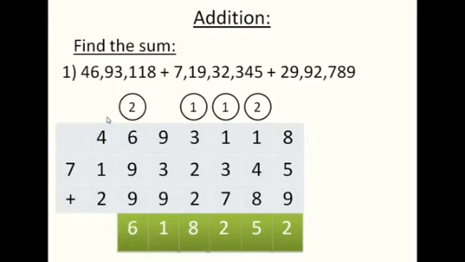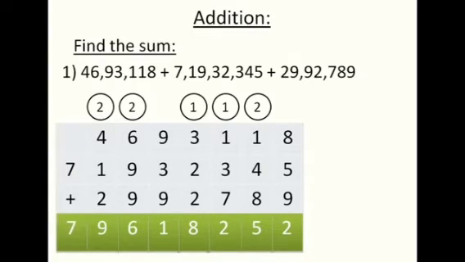So 6 here, 2 will go there. So 4 plus 1, 5, 5 plus 2, 7, 7 plus 2, 9. So nothing is here, only 7 is there. So 7 will come down.